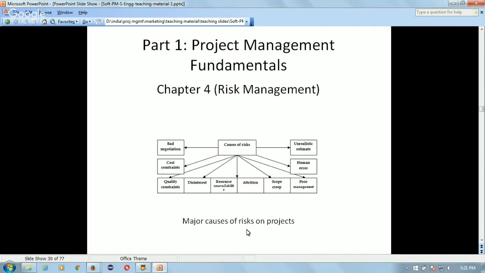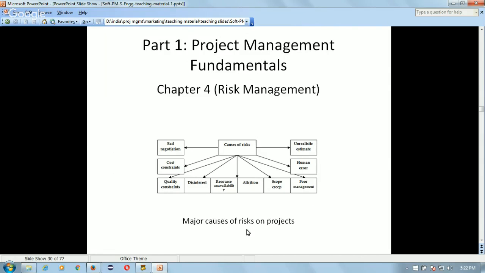Then disinterest. Sometimes the project stakeholders become uninterested in the development of the software product after some time, and then it can jeopardize the project.